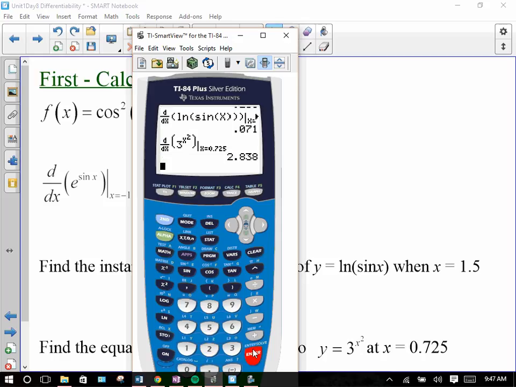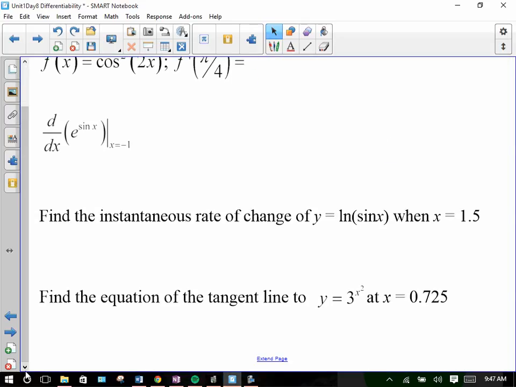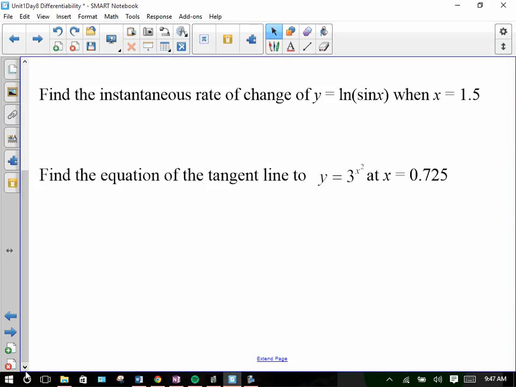Enter. We get 2.838. So what we know is that for this one, we need to know our slope, which we said was 2.838.